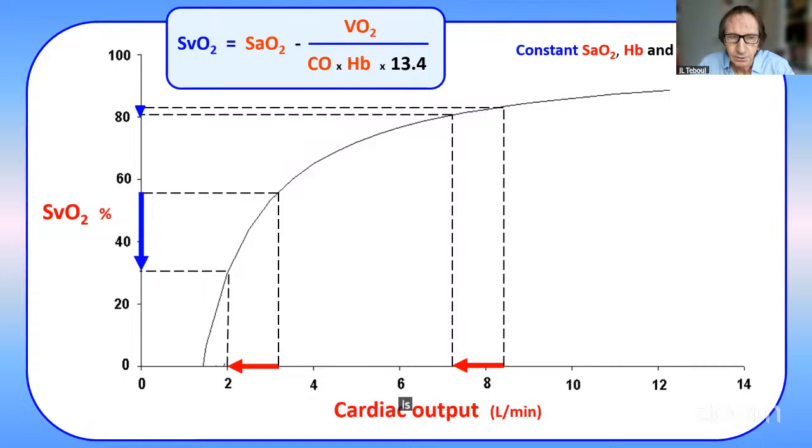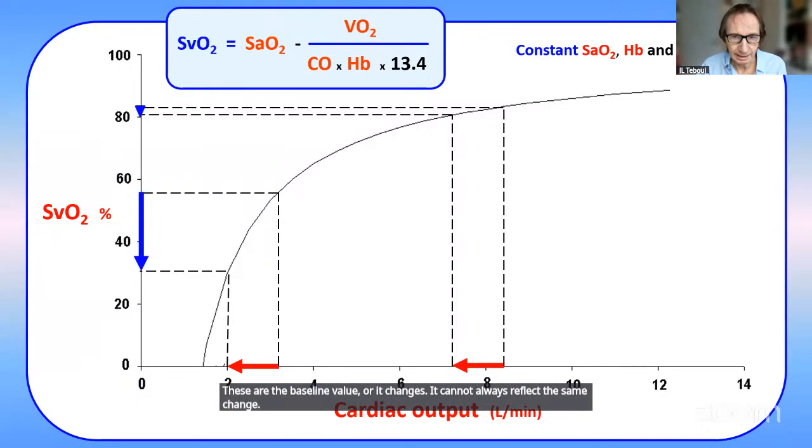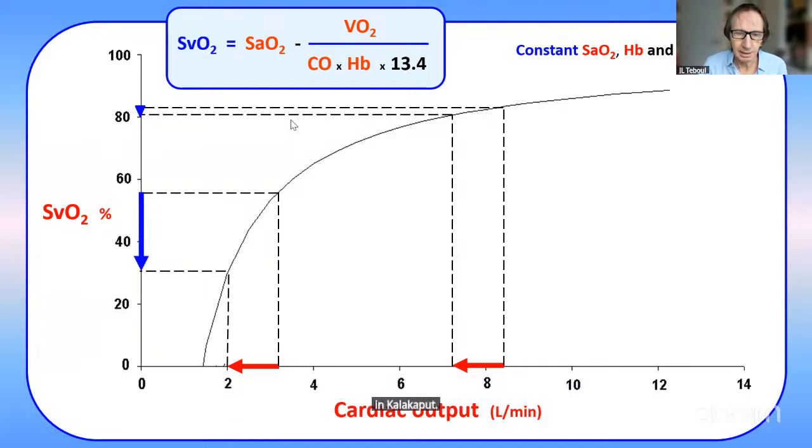So again, you have to be very careful when you interpret SVO2, either the baseline value or its changes. It cannot always reflect the same change in cardiac output. It depends on the baseline value of cardiac output.